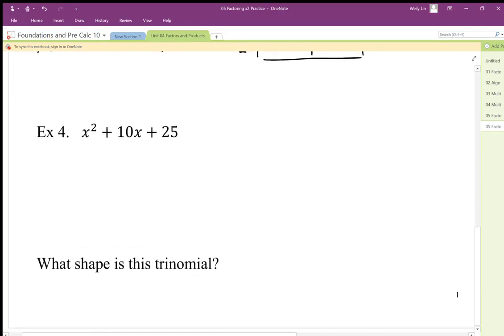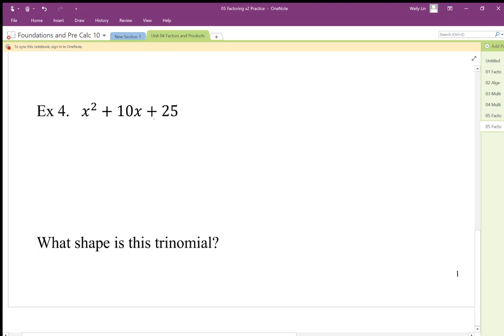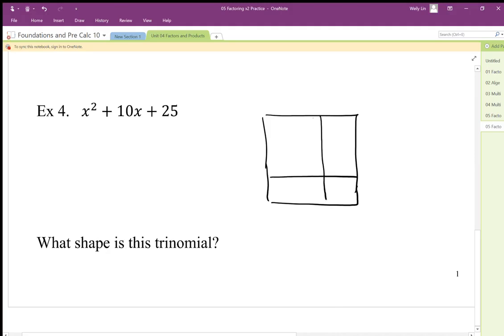So this last one here, we're going to factor this. Let's put it in our area model here. Okay, so I know this is going to be x squared, and this is going to be 25. Okay, so we're looking for two numbers that multiply to 25, and we can split up the middle 10x into two parts here.